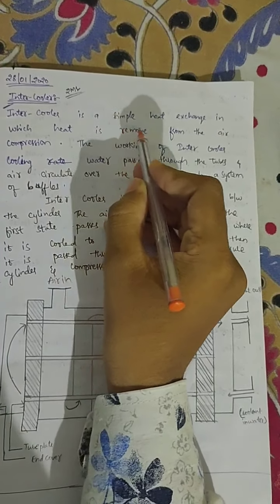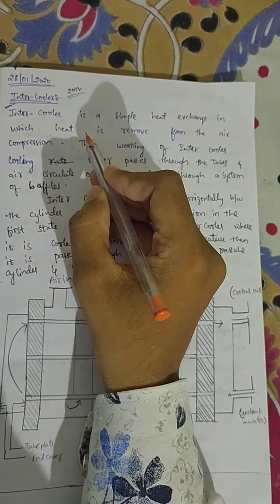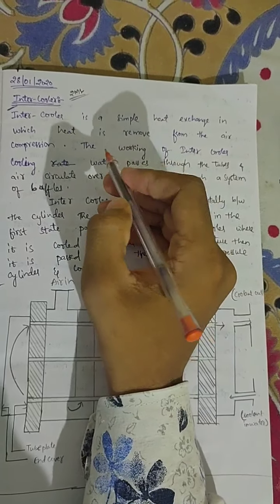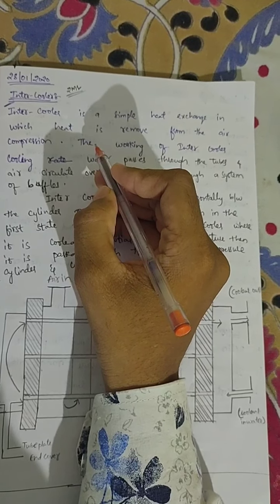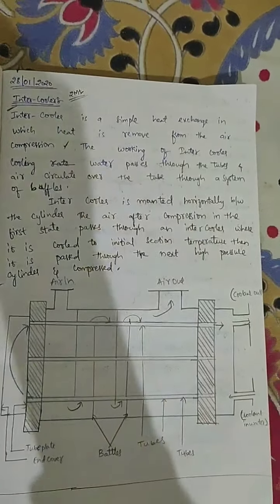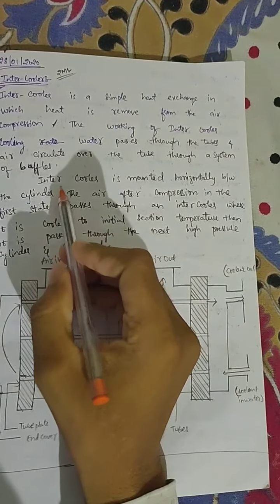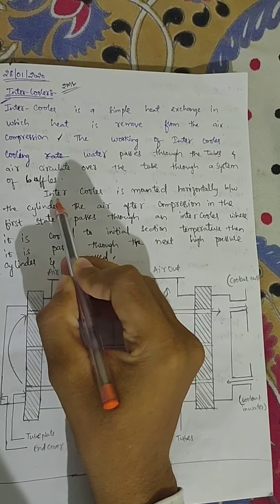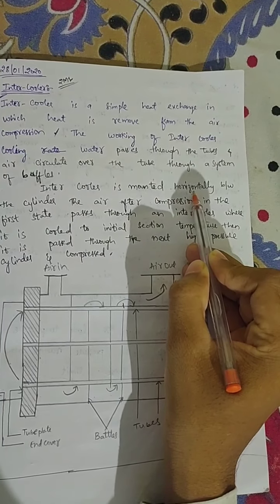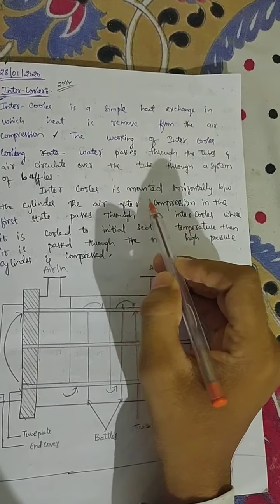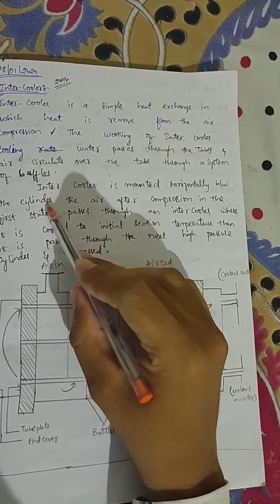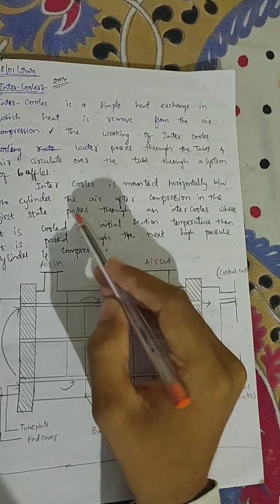And the easy definition of intercooler: it is a simple heat exchanger in which heat is removed from the air after compression, and the intercooler is mounted horizontally between the cylinders.